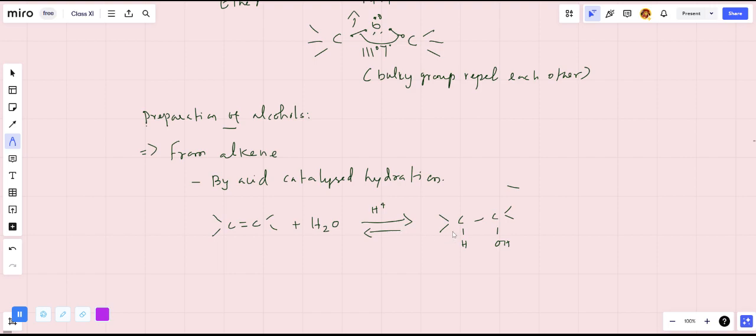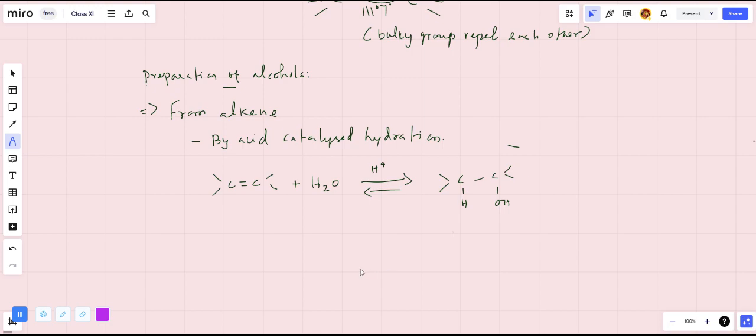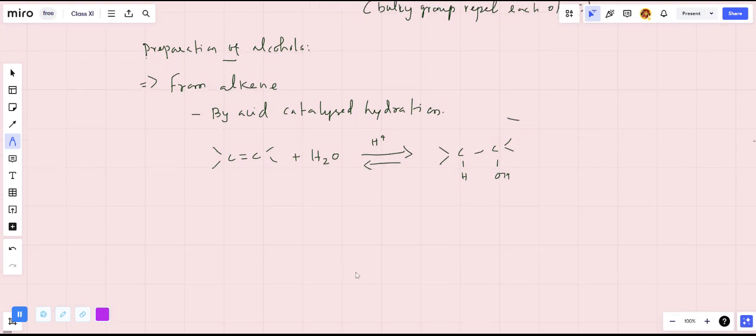But if you take an unsymmetrical alkene, the addition reaction goes according to Markovnikov's rule. What does Markovnikov's rule say? The negative part adds to the less hydrogenated carbon atom.